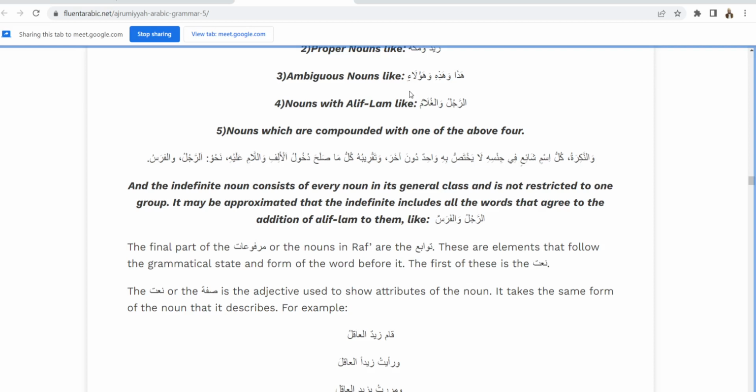Mind you, الرجل is معرفة, it is not nakira. However, رجل is nakira. فرس means any horse. So رجل, any man. It could be a scholar, it could be ignorant, a student, rich, poor, black, white, like this.